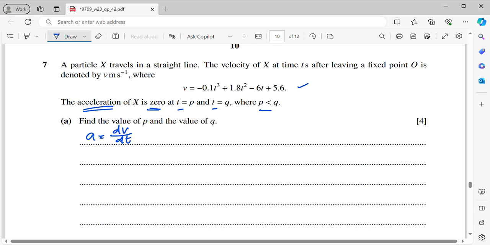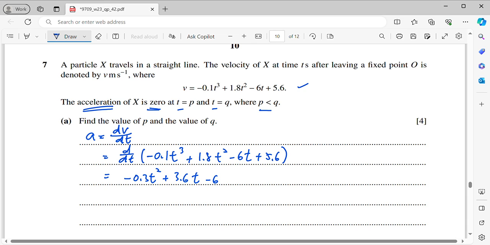Means now I need to differentiate the v. Okay, so when you differentiate, it will be negative 0.3 t squared, then plus 3.6 t minus 6.